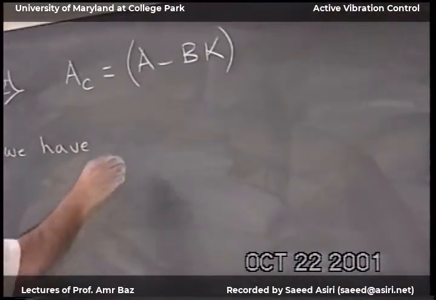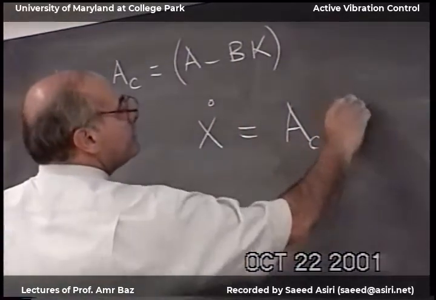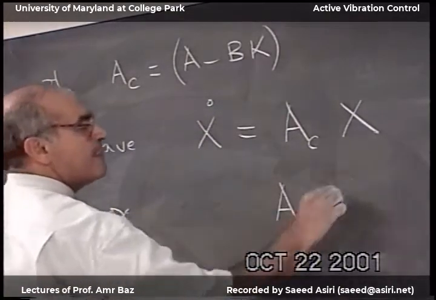We have here x dot is equal to a closed loop and x, or AC.